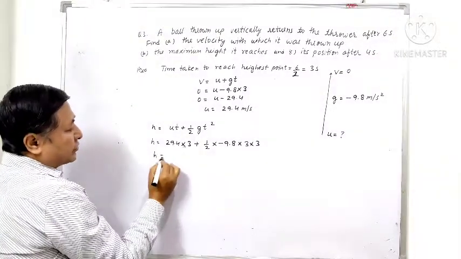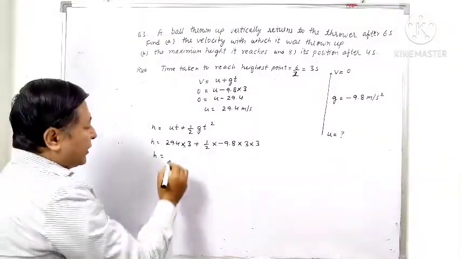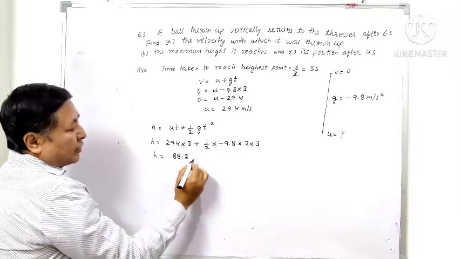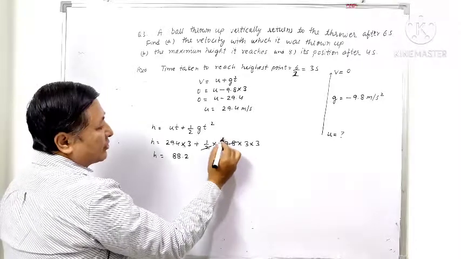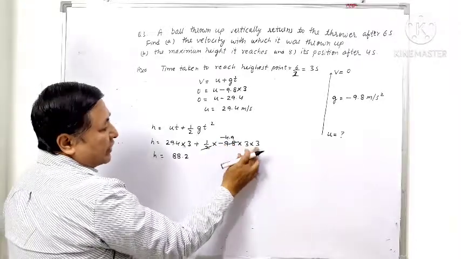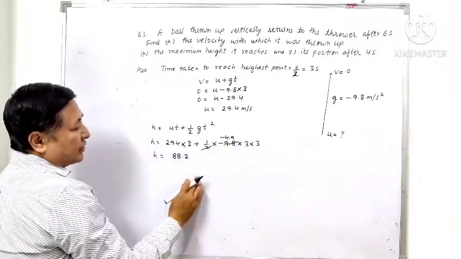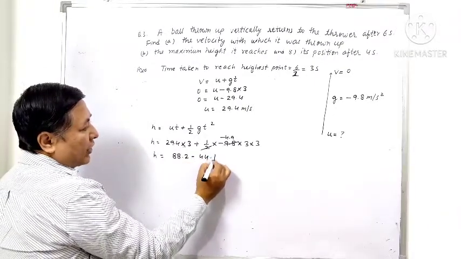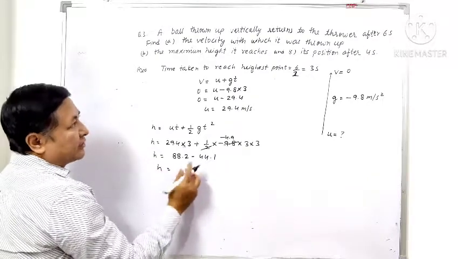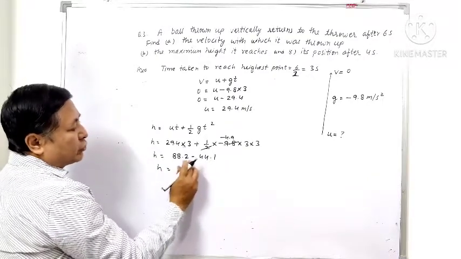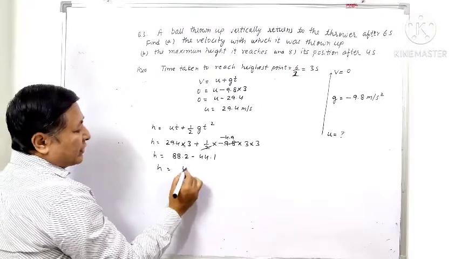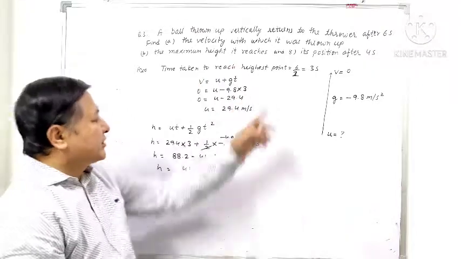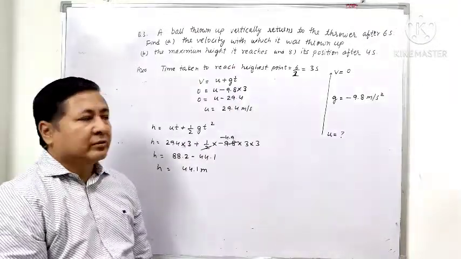Let us solve this. 29.4 into 3 is 88.2. Half of 9.8 becomes 4.9, and 9 into 4.9 becomes 44.1. So the maximum height is 88.2 minus 44.1, that is 44.1 meter. So the maximum height it reaches will be 44.1 meter.